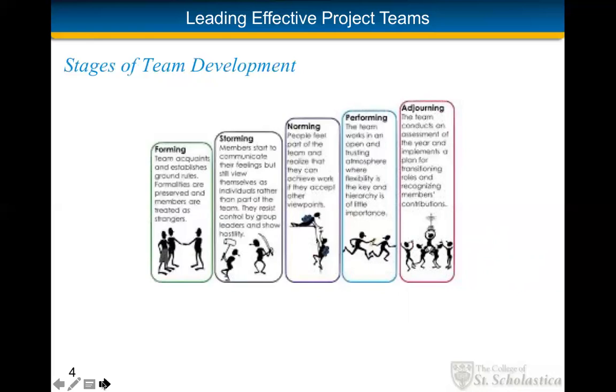In the performing stage, the development of the team is becoming mature, organized, and functioning as a well-functioning unit. The adjourning stage is the final stage of development where the team completes its work and moves on to the next assignment or project.